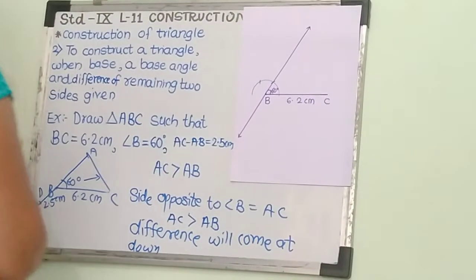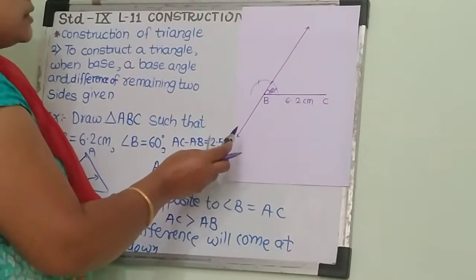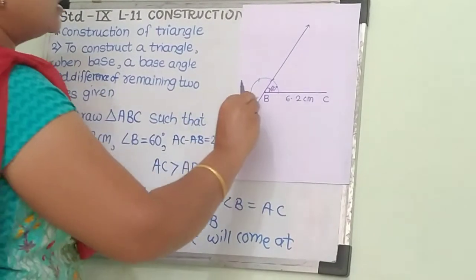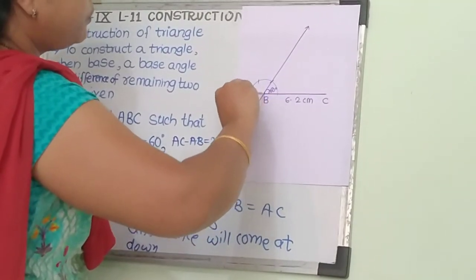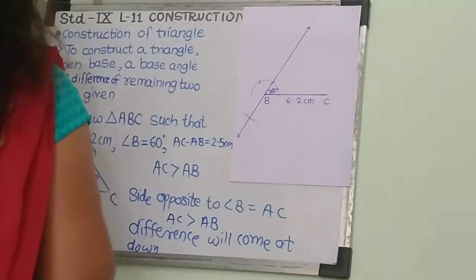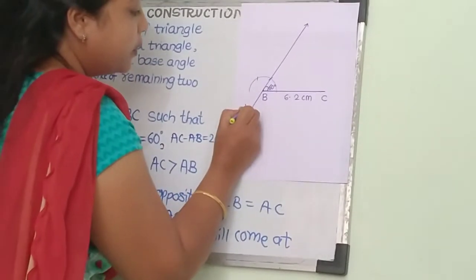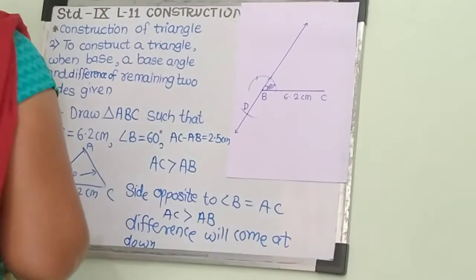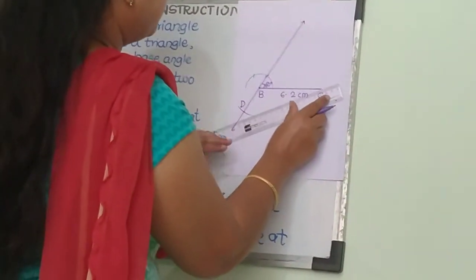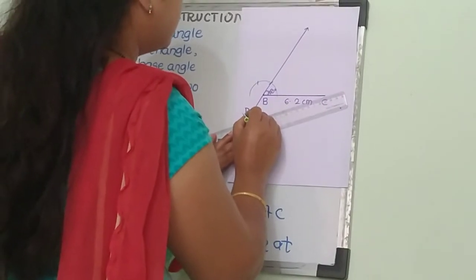Now we are going to take the 2.5 centimeter distance in my compass and mark the arc on this ray. So where it cut that point, we can write point D. And we have to now join DC.